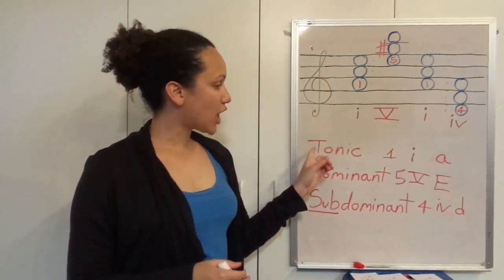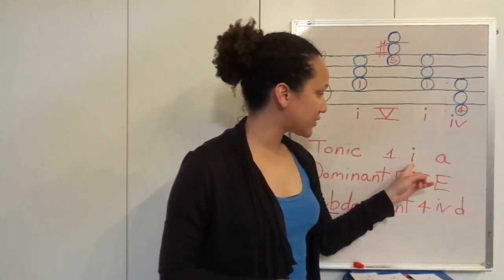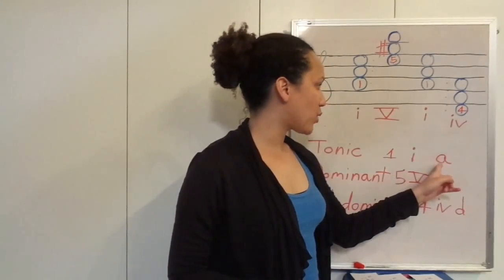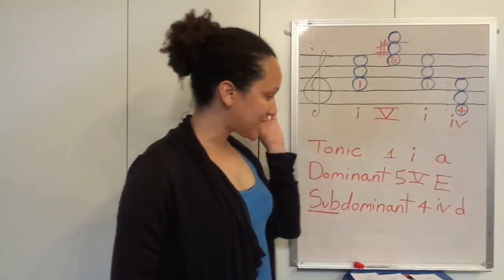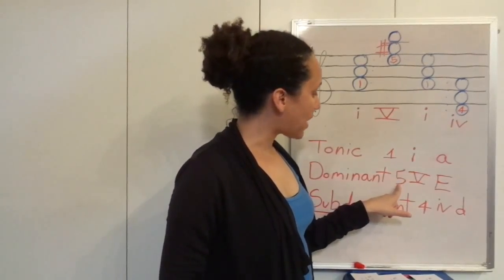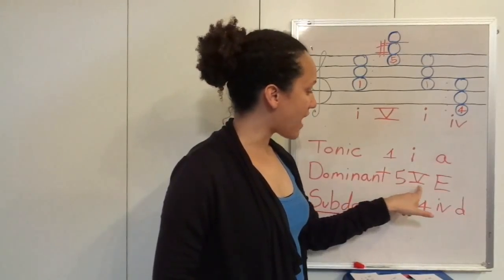There we are. Tonic is our 1 chord. We signify it with a Roman numeral, lowercase for minor, and it's the minor A chord or A minor chord. Dominant dominates from above. It's a 5th above. It's the 5 chord in the scale, so we have a 5.